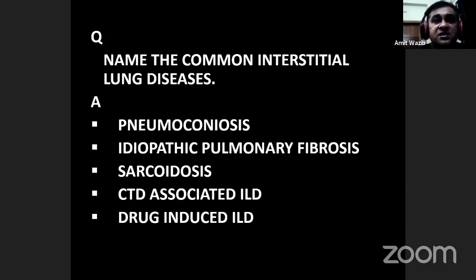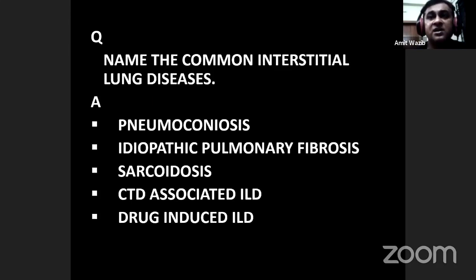Next one is idiopathic pulmonary fibrosis, then sarcoidosis, connective tissue associated interstitial lung diseases, and drug-induced interstitial lung diseases. So you may be asked which connective tissue diseases are associated with interstitial lung diseases. Many connective tissue diseases can cause interstitial lung diseases.